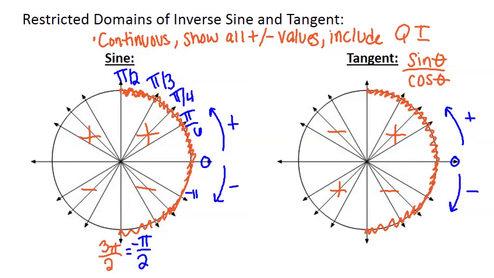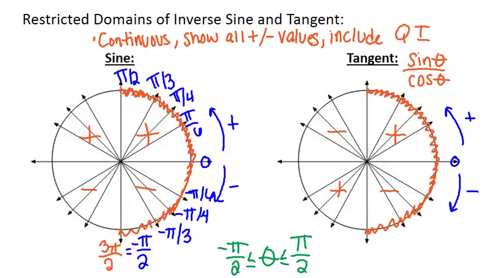So this is negative pi over 6, negative pi over 4, negative pi over 3. So our domain for both of these functions, we write as negative pi over 2 is less than or equal to theta, which is less than or equal to pi over 2. So when you use the inverse sine and inverse tangent functions, your answers are going to come out between those two numbers.